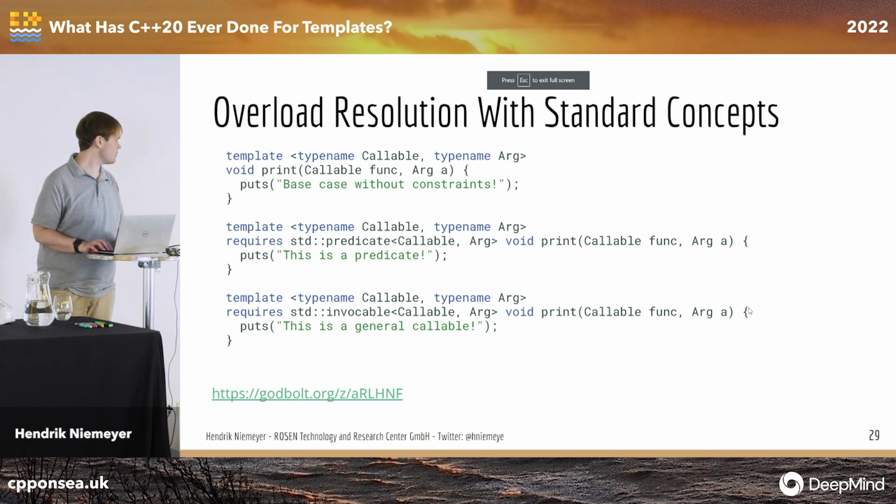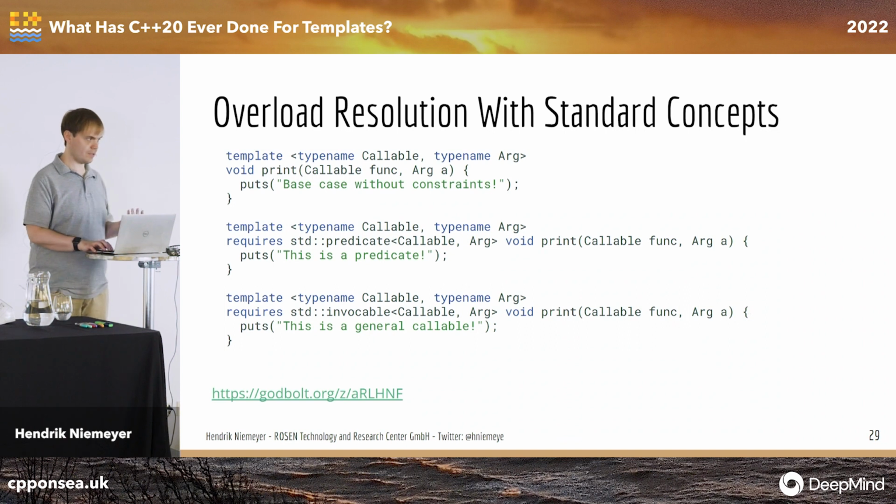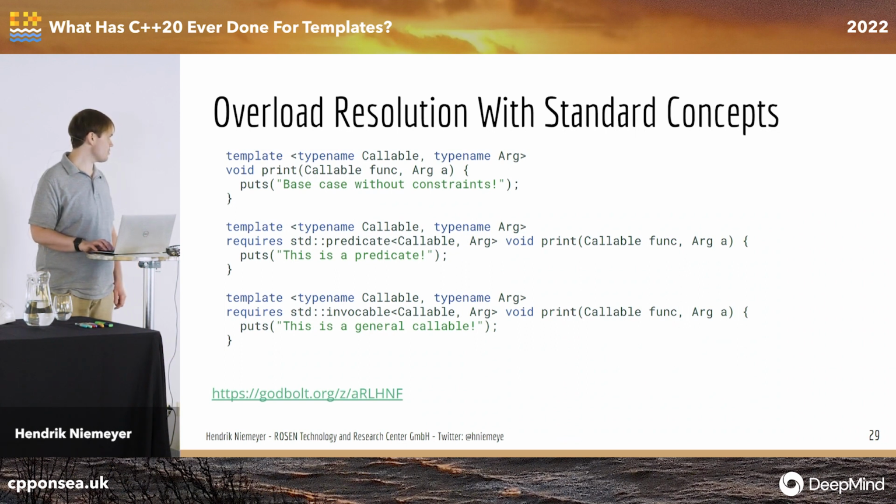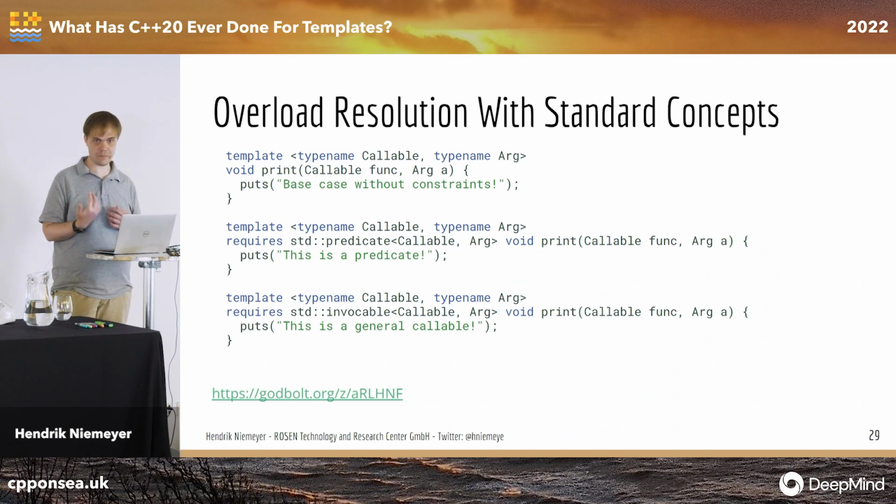Now overload resolution with standard concepts. Another example would be if we use something from the standard library, there's also subsumption built in. Here we have an overload resolution where we have an unconstrained function, one which is constrained using std::predicate, and one which is constrained using std::invocable. Just from looking at it, you may guess the relation. A std::predicate is something which is invocable and returns something which can be converted to bool.